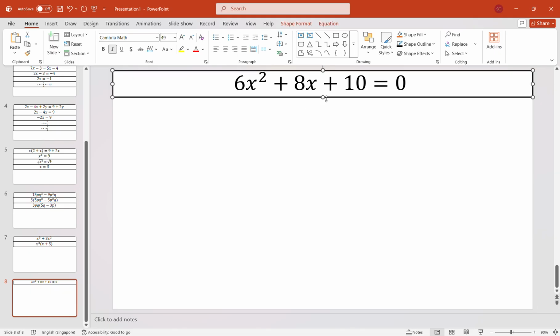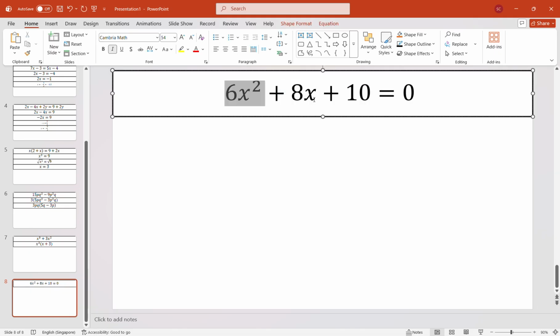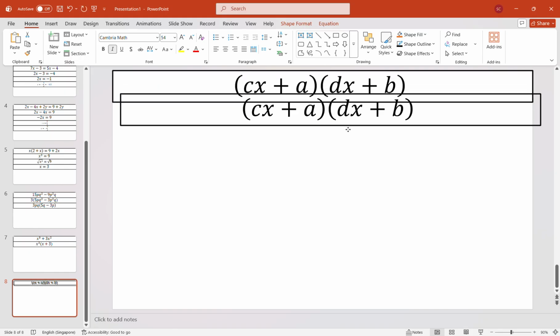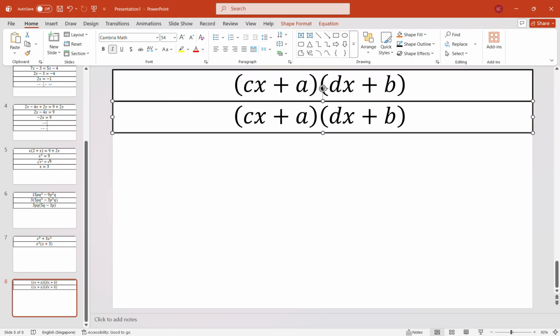But there's one very important step that I am forgetting, and that is this over here. This is actually really advanced.